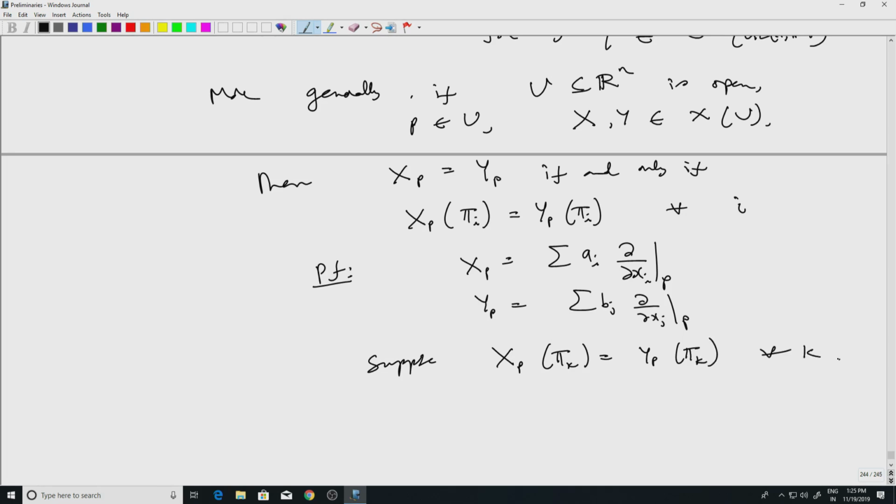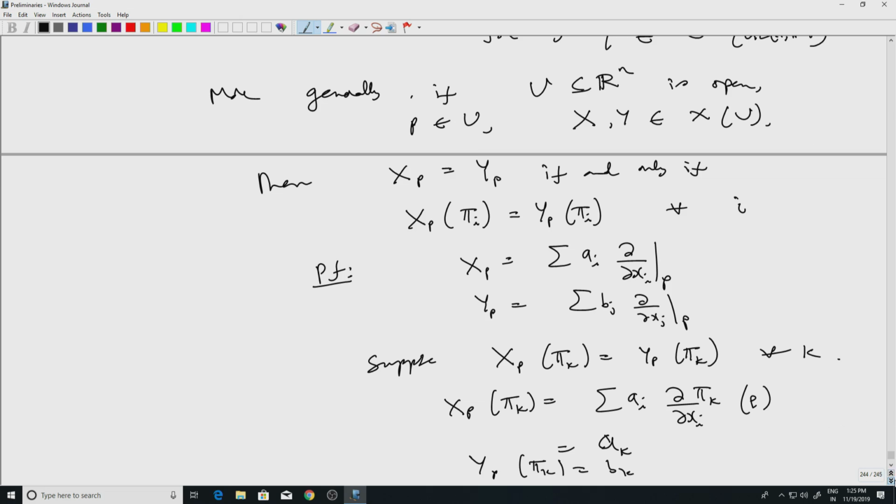Well, if we act, Xp pi k is summation ai del by del xi acting on pi k at the point p. Now this is the projection map, in other words the coordinate map into the kth coordinate. So the only term which will survive is the kth one. So this will just give me ak. Similarly Yp pi k is bk.